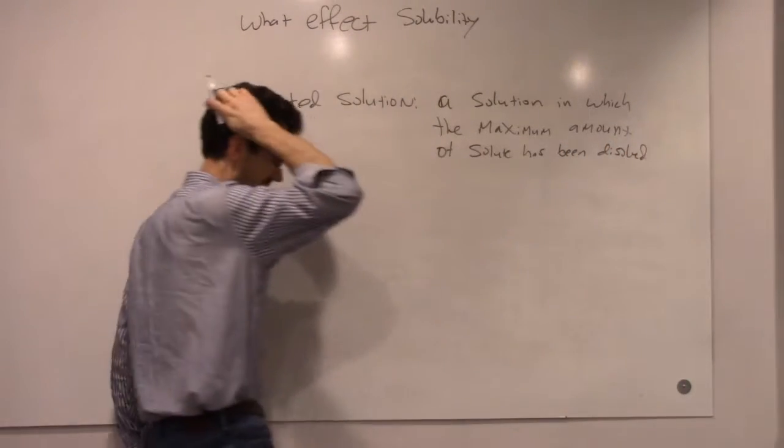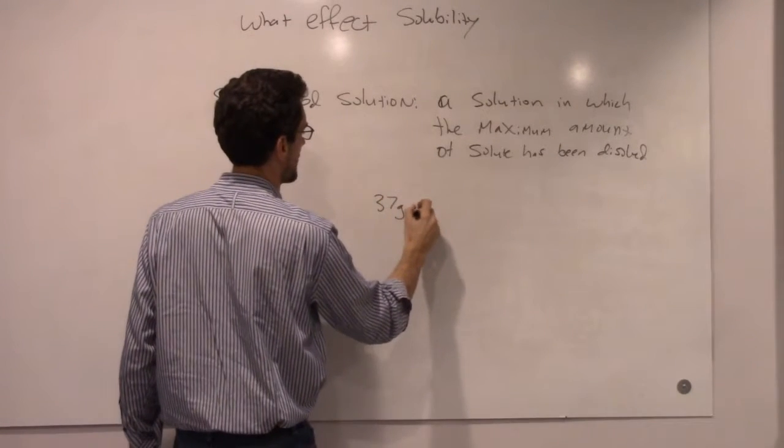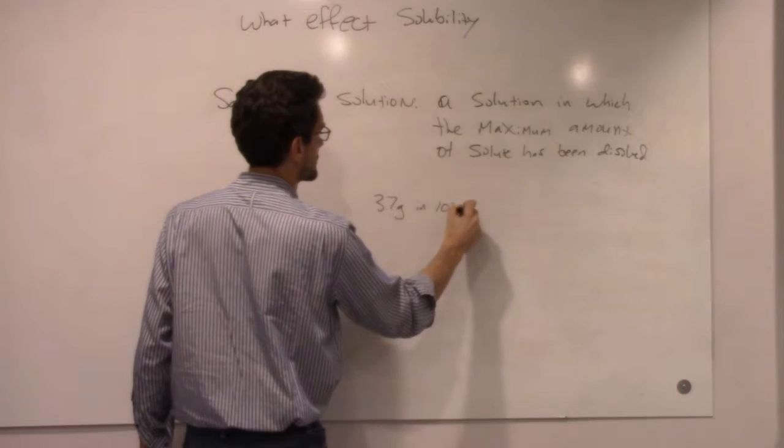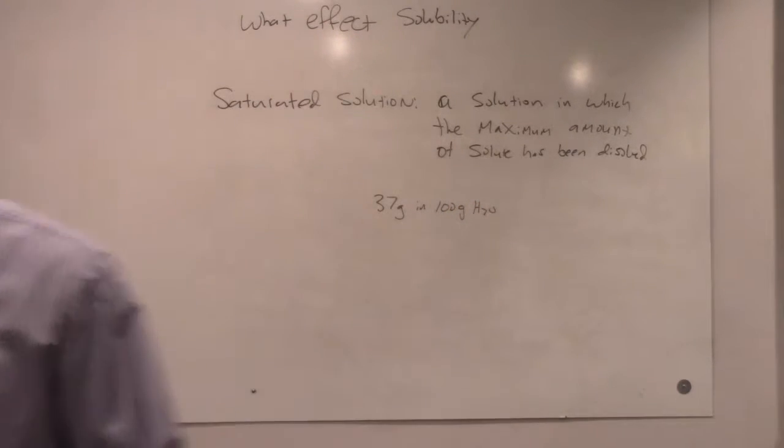So our example of sodium chloride was 37 grams of sodium chloride in 100 grams of H2O. That would be a saturated solution.